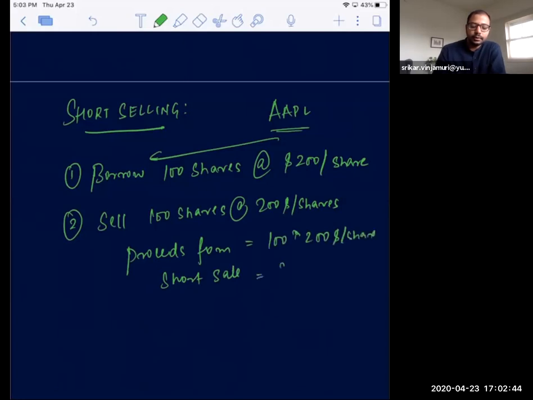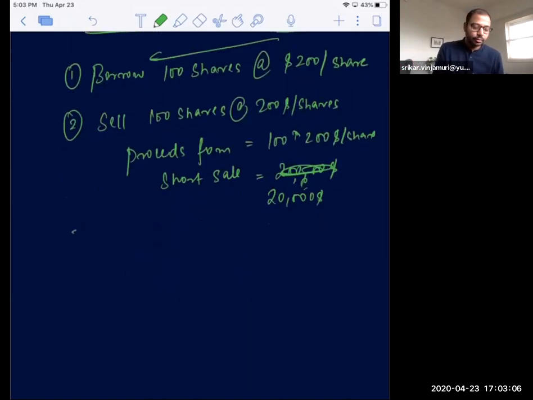Okay, so this will give you $20,000. So you have $20,000 now in your account, right? You sold the shares, you have $20,000 of cash in your account.